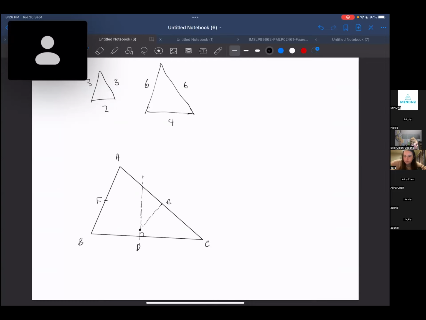And then now, oh, my diagram must be really inaccurate. Hold on.